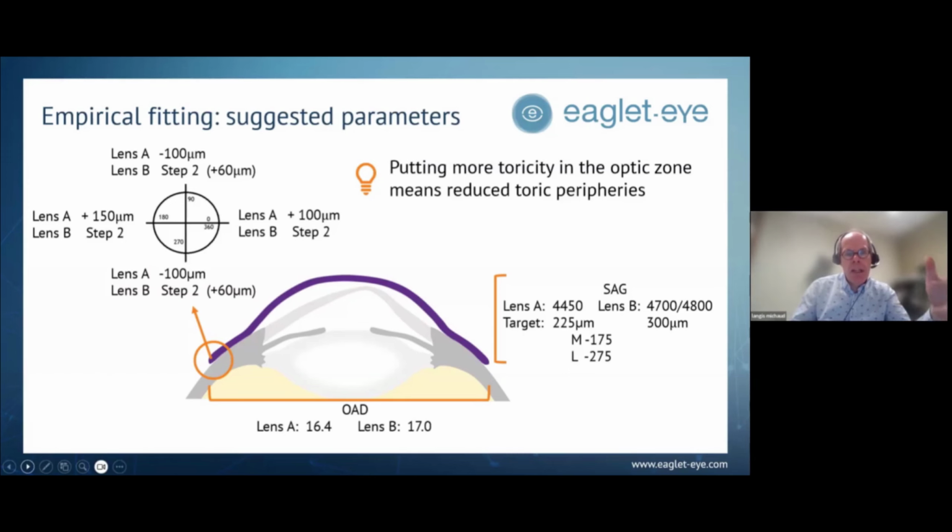So in that case, on one side of the lens, you see some differences between minus 100 microns and plus 100 microns. When you deal with eaglet software, the software can really suggest the first lens to try. That doesn't mean it's the final lens to order, of course, but it gives you a very good idea of where to go in putting the first lens on that eye.